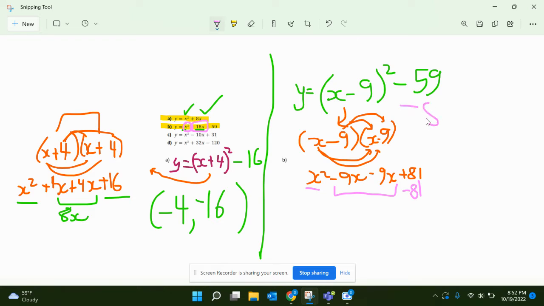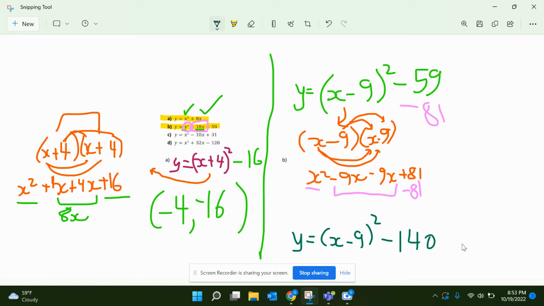Negative 59 minus 81 is 59, 60, 60 plus 80, 8 and 6 is 14, so that'd be 140. Okay, so our final function in green again is y equals x minus 9 squared minus 140.